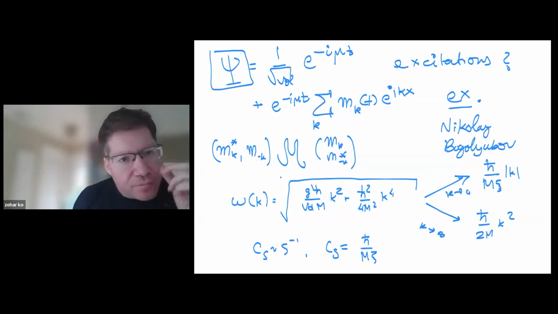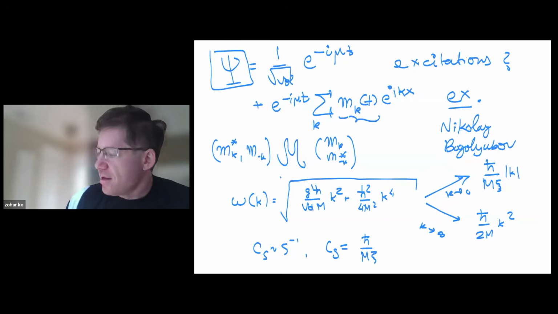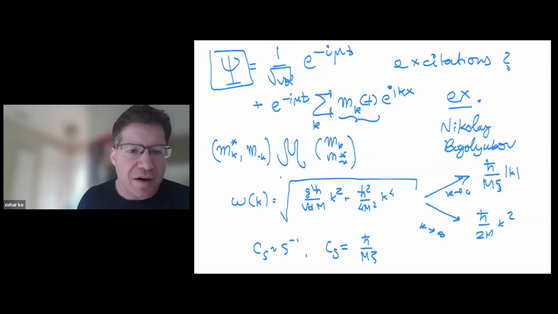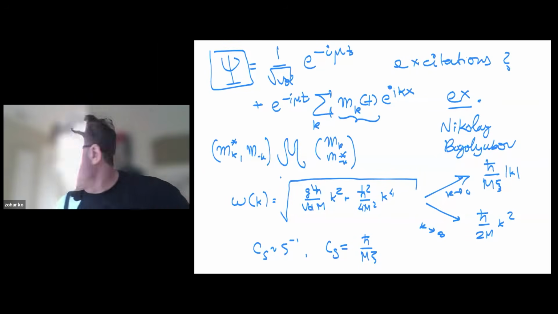Now we see that when we write the theory of the fluctuations, neither M_k nor M_k star are creation or annihilation operators. You can ask, what are the creation and annihilation operators? How do you figure that out? By writing the action, you can use the ordinary formalism for finding the conjugate momentum to understand what is the algebra of M_k star and M_k. So let me just write it for you.